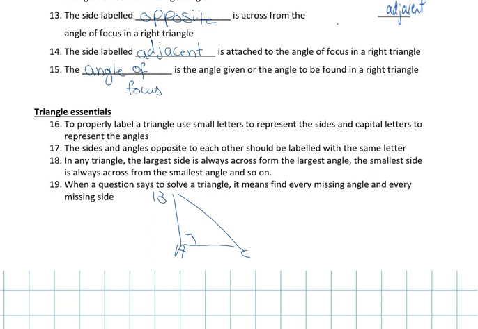Then side A is going to be across from angle A. Side B is going to be across from angle B, and side C is going to be across from angle C. This is the proper labeling of triangles.